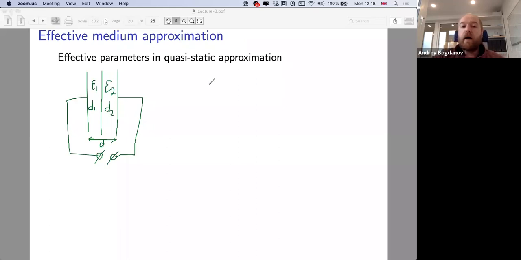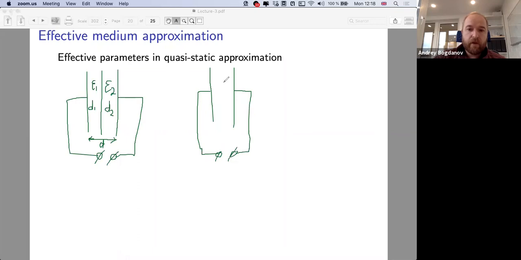Let me ask you guys, can you calculate or can you find the capacitor, yeah, with the same surface area for claddings. So the surface area is the same. The thickness is the same, but it's homogeneous with some homogeneous dielectric.